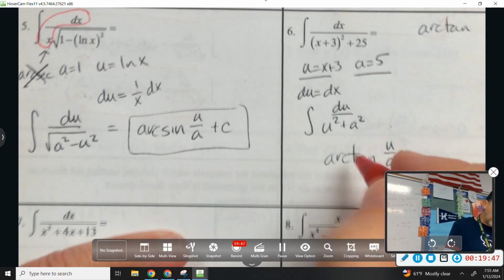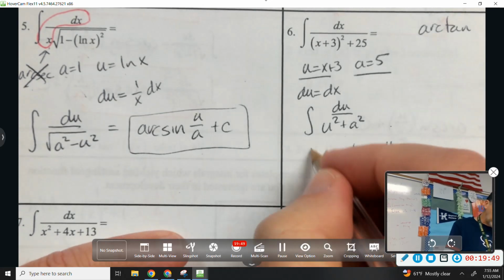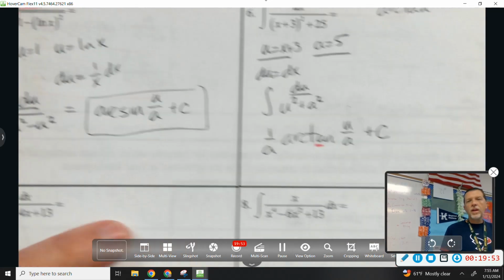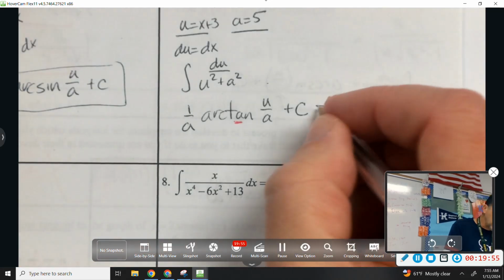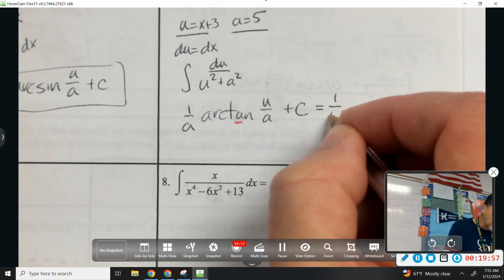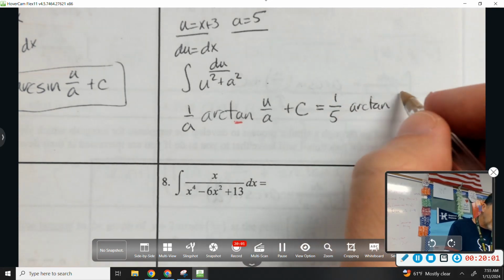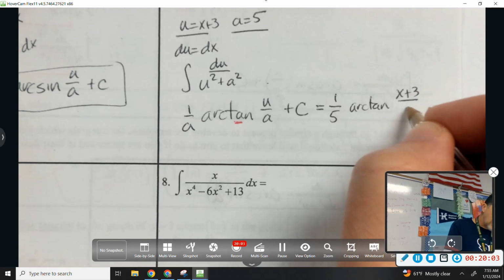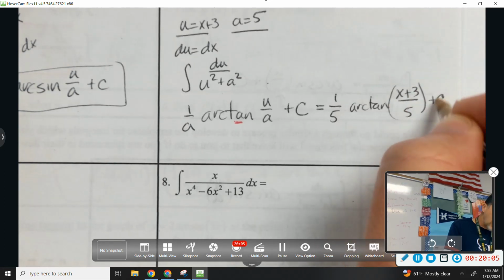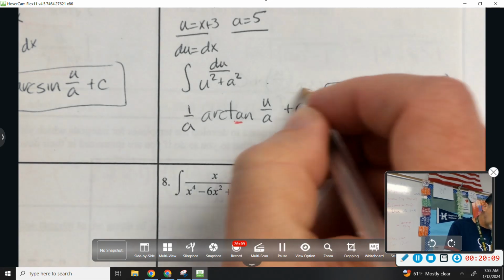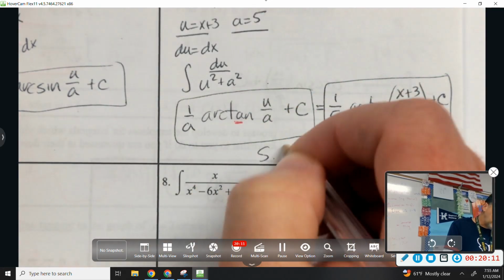Although tangent has that extra a in there, so it needs the extra a out front. I haven't done one where I filled the stuff back in, so just to make sure we're okay with this. That's what the multiple choice answer would look like. That would be your safe stop answer.